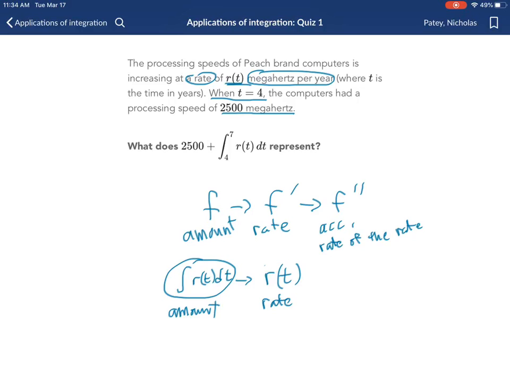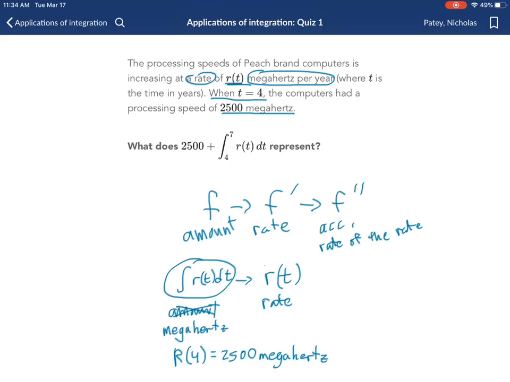It's talking about megahertz. So the amount in our situation is megahertz. And if I were to write it as a function, I would say that capital R of 4 equals 2500 megahertz.